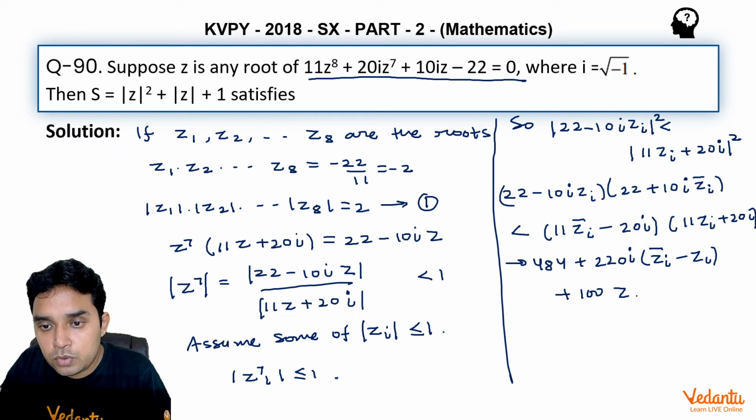So plus 100 into |zi|^2, and that should be less than, on the right, 121|zi|^2.